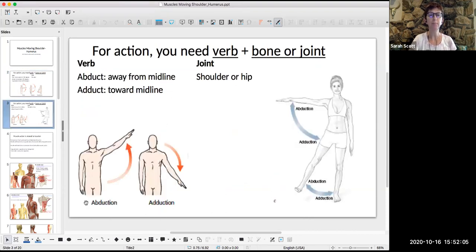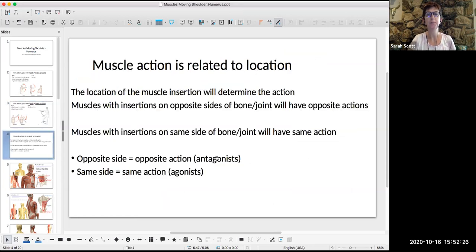Abduction and adduction, remember, are in a medial lateral direction. That kind of movement is primarily associated with the hip joint and the shoulder joint, although there are other areas of the body you can abduct and adduct.